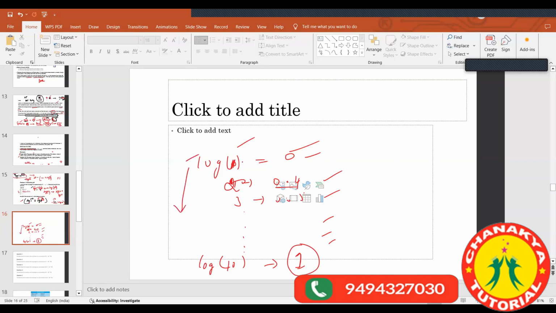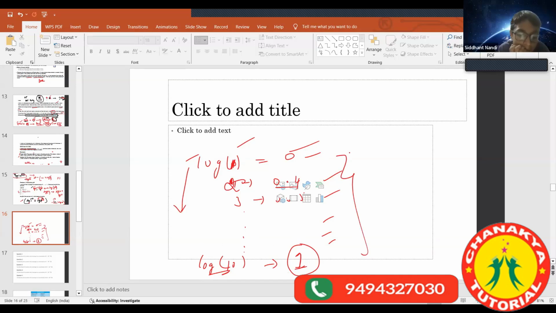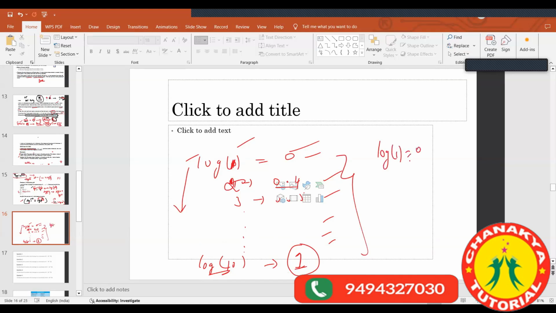If log 1 is 0, log 10 will be 1, because in between it is increasing. So basically remember, log 1 is 0 and log 10 is 1. These two are important.